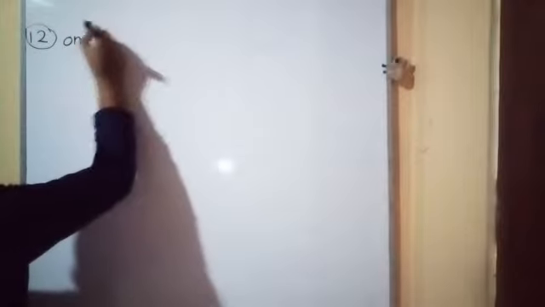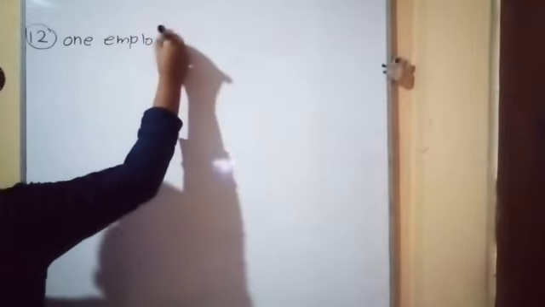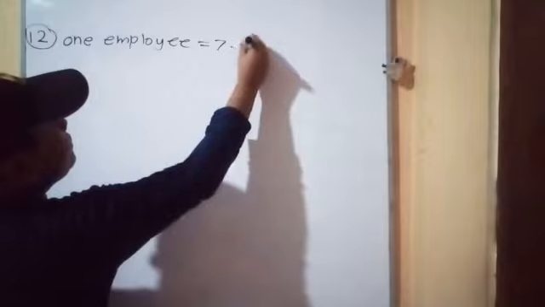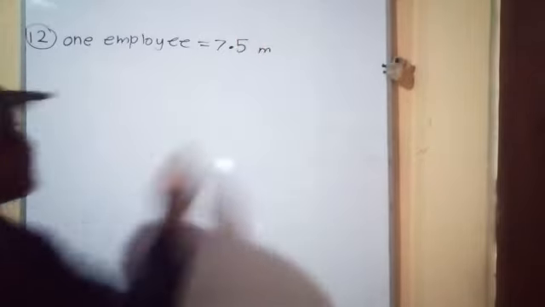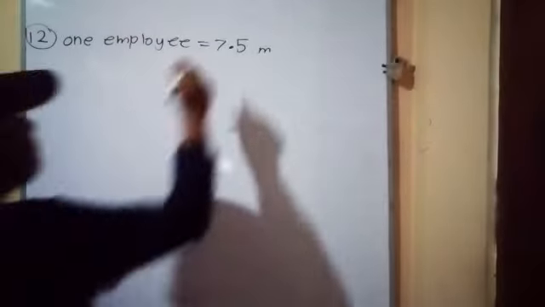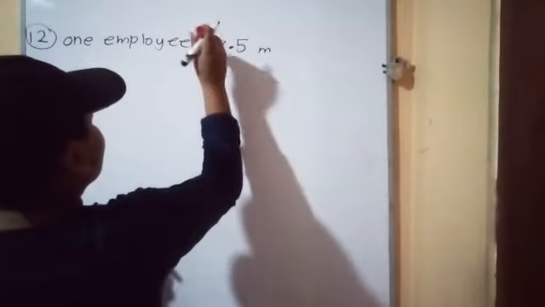If each employee is provided with 7.5 meters of material to sew uniforms, calculate the number of meters of material that is required for 12 employees. What does that mean? For one employee, 7.5 meters, right?